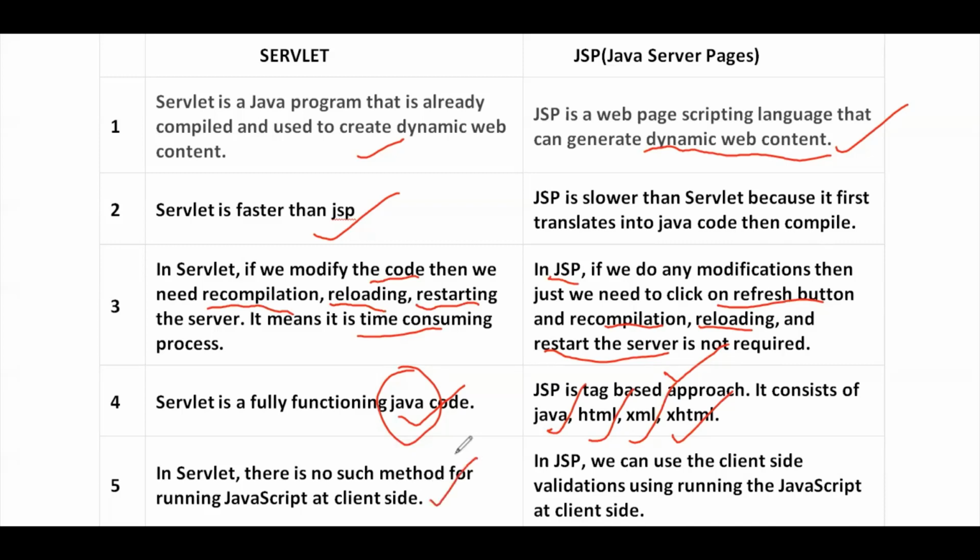Servlet is server-side coding, and JavaScript is at the client side. You can have some methods in the servlet that will enable JavaScript to run at the client side, but there is no such method. In JSP, we can use client-side validations by running JavaScript at the client side.